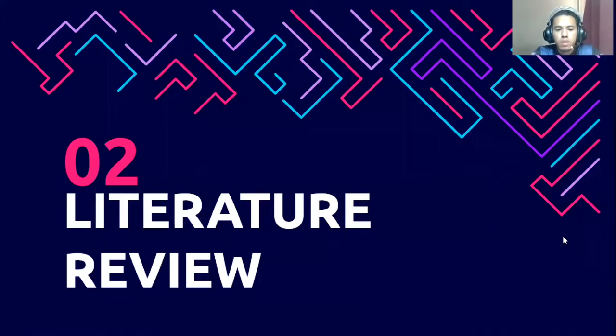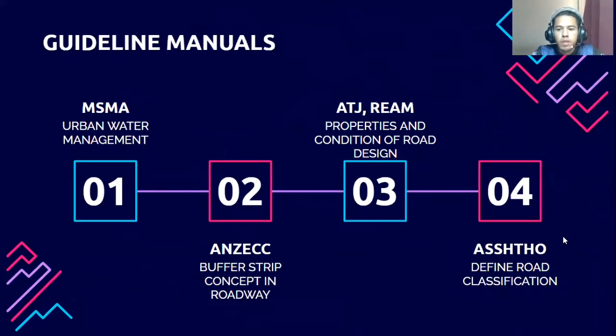Okay, the second part is the literature review. After completing the literature review activities, it can be concluded that there are a few guidelines or manuals for this drainage system. The first one is MASMA, Manual Saliran Mesra Alam, produced by DID, the Department of Irrigation and Drainage Malaysia, focusing on urban water management.